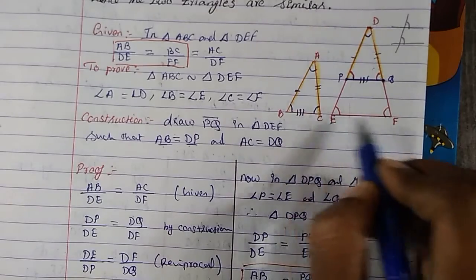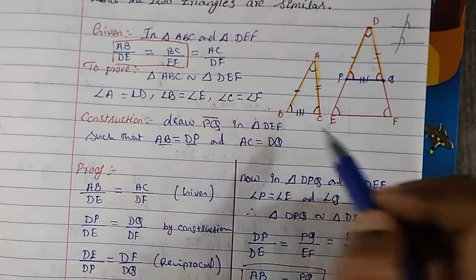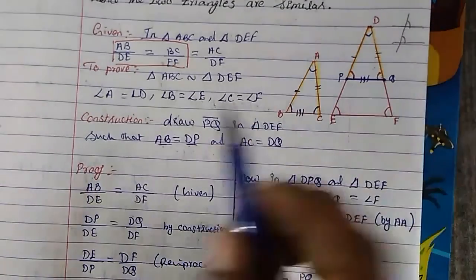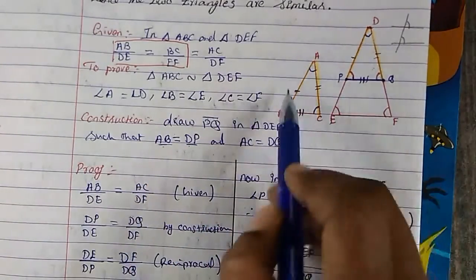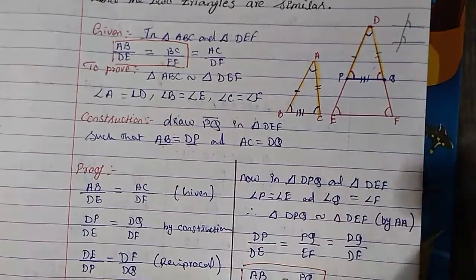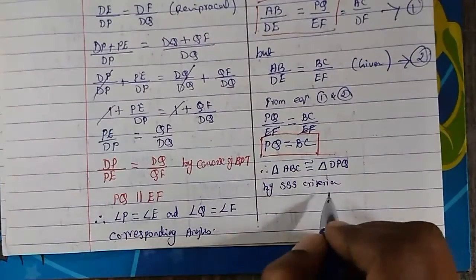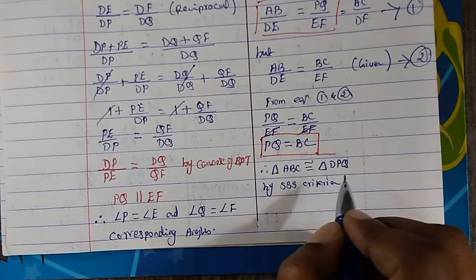So that means C and F are equal. So when all the angles become equal, then both these triangles become similar. That's what we have to prove. So by side criteria, we proved these two triangles are similar.